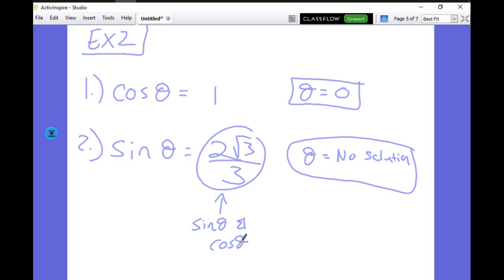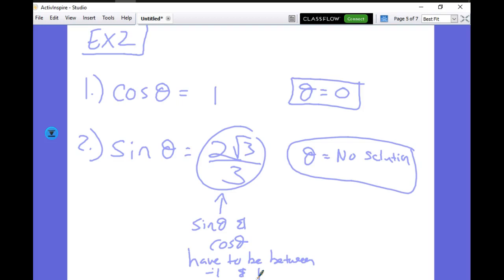Sine and cosine have to be between -1 and 1. Now, 2 radical 3 over 3, I don't know what that is, but I know it's too big. So 2 times square root of 3. Sine and cosine have to be between 1 and -1.